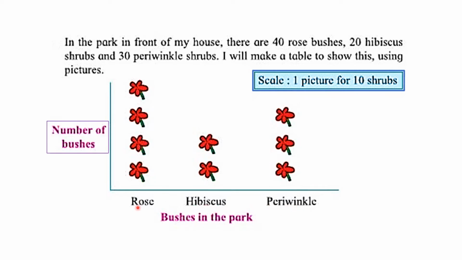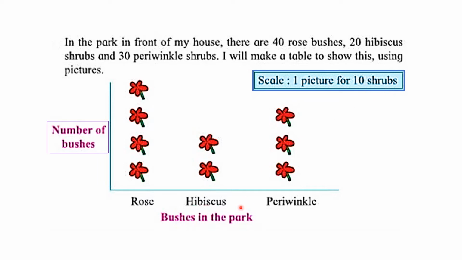So rose is having number of 4 flowers. Hibiscus is having 2 number of flowers and periwinkle is having 3 number of flowers. But the scale tells us that one picture for 10 shrubs.